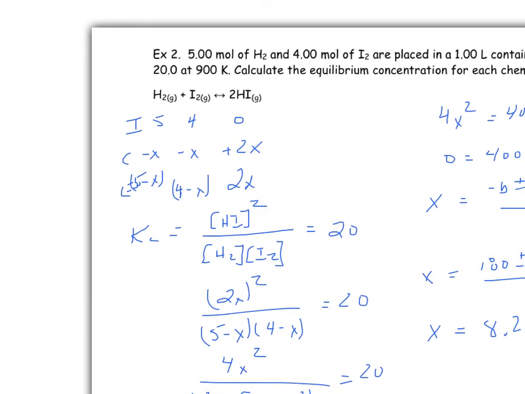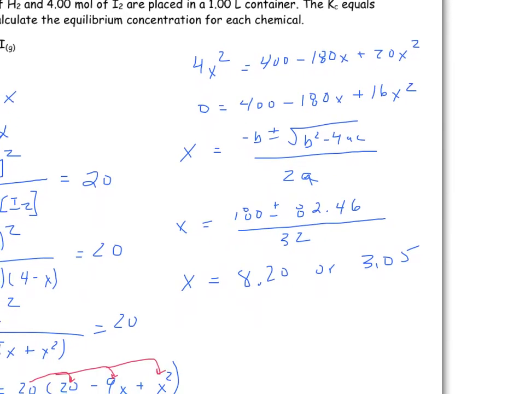I defined the concentration of I2 as being 4 minus x. Well, if x equals 8.2, then I will have negative chemicals. That does not exist. So therefore, x equals 3.05.